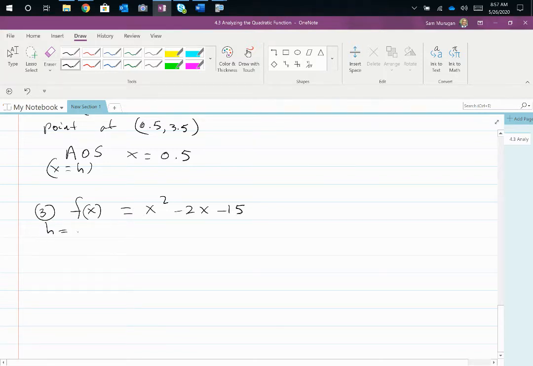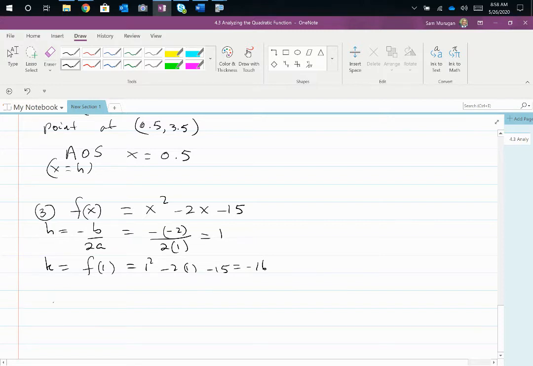So h is equal to minus b over 2a, which is minus negative 2 over 2 times 1, which is positive 1. K in this case is equal to the function substituted with 1, which is 1 squared minus 2 times 1 minus 15, which is equal to negative 16.